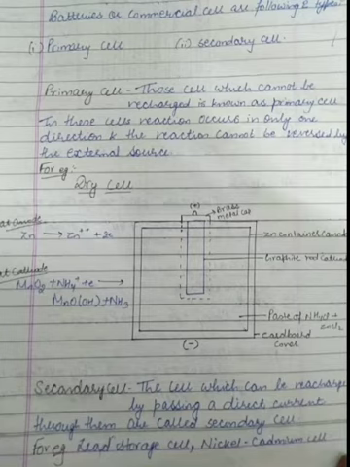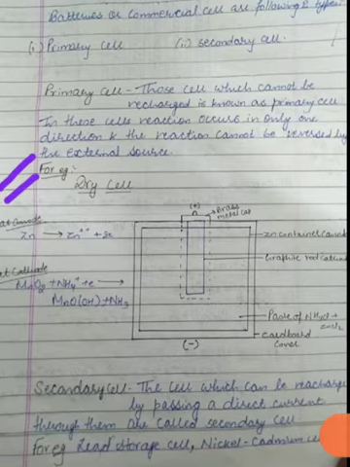If we talk about a primary cell, its example is the dry cell. In the dry cell you will see a hollow zinc cylinder, which is filled with a paste of ammonium chloride and ZnCl2.